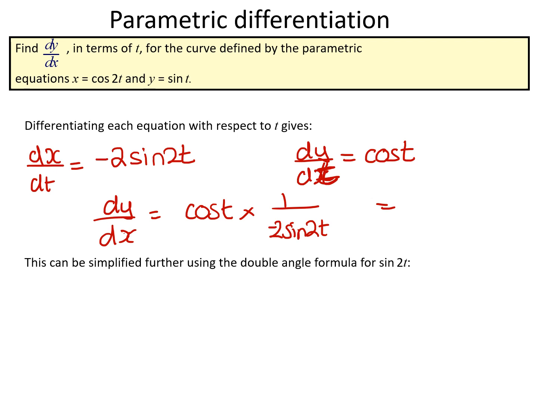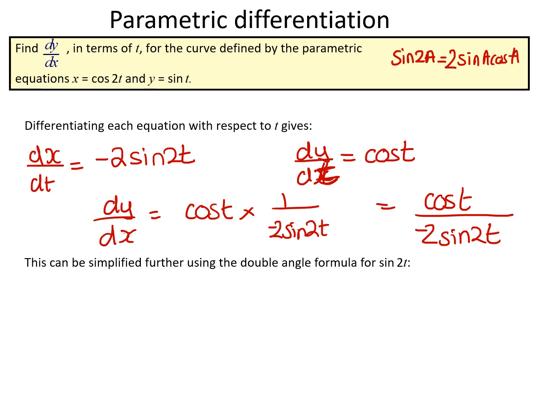Put them together, it might look neater. That's the answer, but you could take this further if you wanted, using the double angle formula for sine 2t, or remember sine 2a, it's on the wall somewhere, is 2 sine a cos a. So we can put in there then, that's the same as cos t over minus 2 lots of 2 sine t cos t.